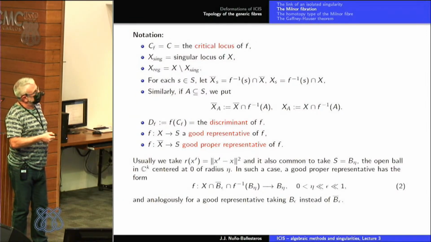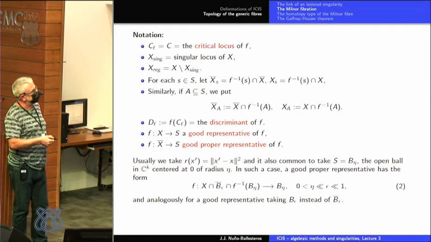Okay, so usually we take the control function as the distance square function, and it is also common to take S as the open ball centered at 0 of radius eta. So in such a case, this is a good proper representative. It has this form.